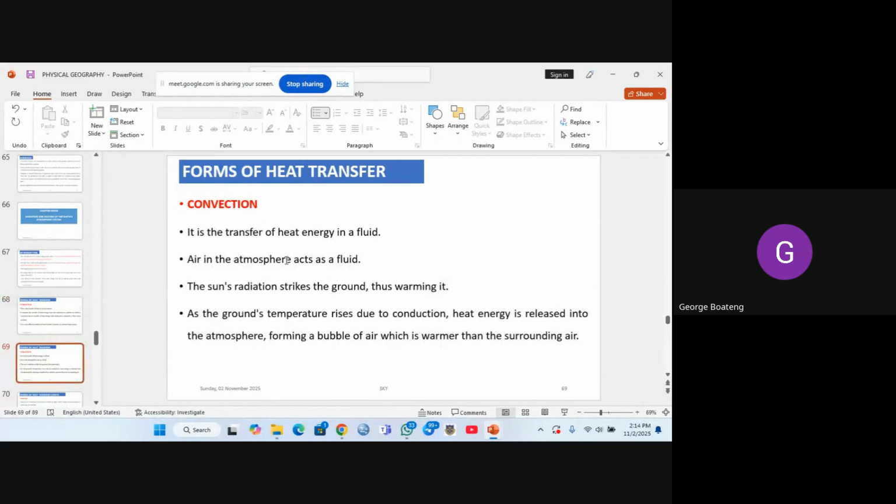But the second one is convection, where there's heat transfer in fluids, which other people call liquids. It takes a very long time before convection will occur. Convection is when heat transfer occurs in water bodies.